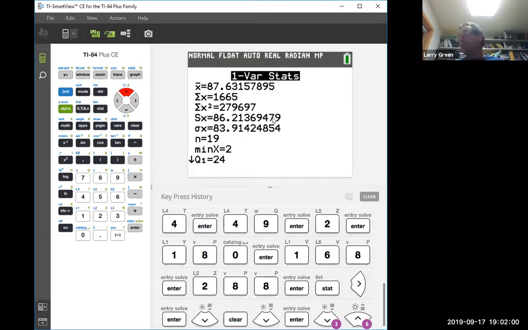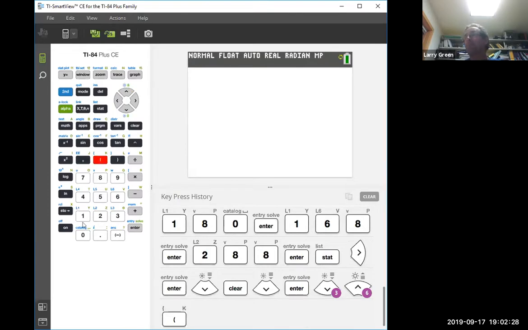So notice, and let me write this down so I don't forget. Our mean, I'm just going to round to 88. And our standard deviation, I'm going to use sigma, was 84. And I want to find out what is the z-score for 12. So I'm going to go to the calculator, and I need to hit a parenthesis. I'm going to type x, which is 12.